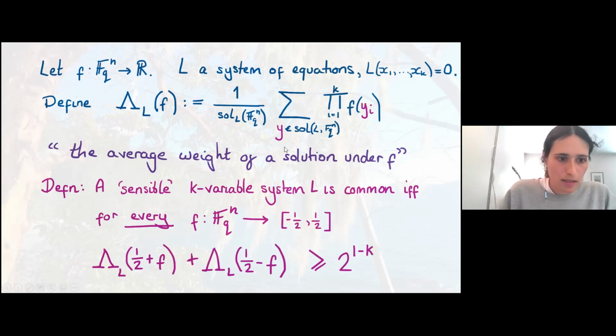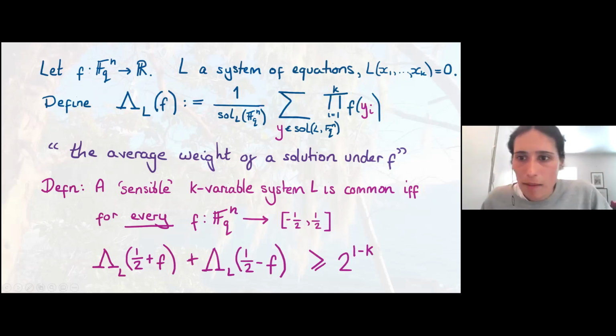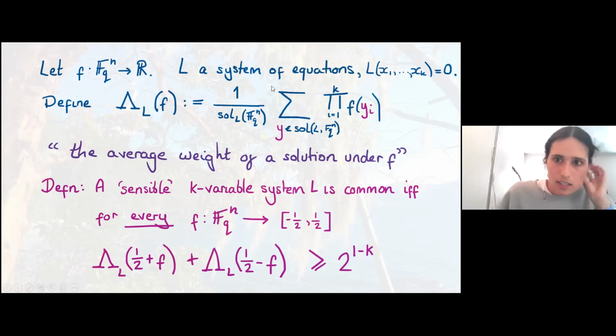So here is this equivalent definition. The reason this is there is because if it's not sensible, this k is not k anymore. But the functional setting says that this is the average weight of solutions under f. For each solution, you take f of each coordinate, where f is some function from F_q^n.